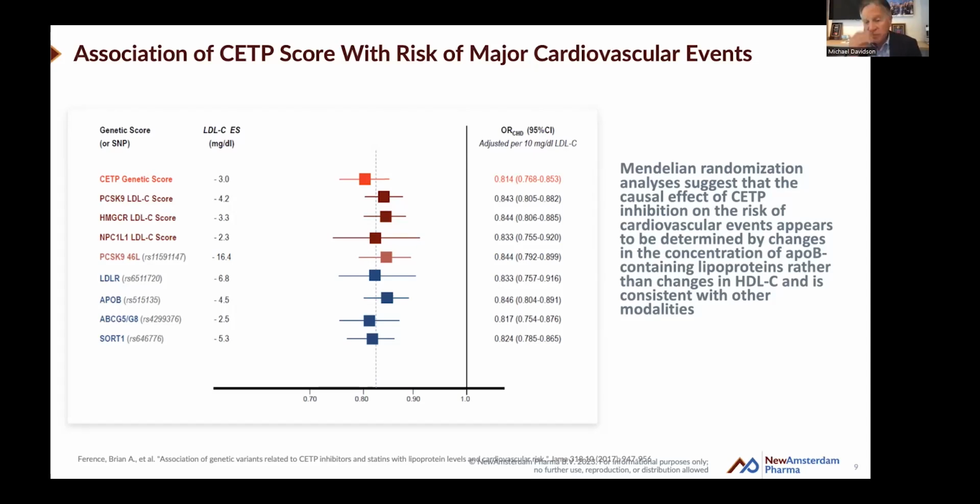So these were all linked to, if you look at the equivalent amount of LDL lowering, very comparable effects on reducing cardiovascular events, driven by LDL though, rather than the changes in HDL. That was a very important rethinking about where CETP inhibition could result in a cardiovascular benefit. It was all linked to the LDL lowering effects rather than the HDL raising effects that was thought to be, at the time, one of the really exciting benefits of CETP inhibition.